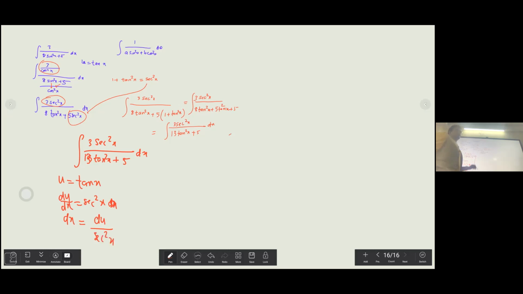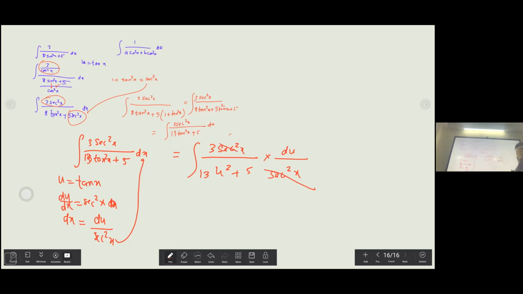So this part is integration of 3 sec squared x upon 13 u square plus 5 into du upon sec squared x. Sec square gets cancelled, and as a result, you get 3 du upon 13 u square plus 5. Now, once again, this reduces to that tan inverse format.